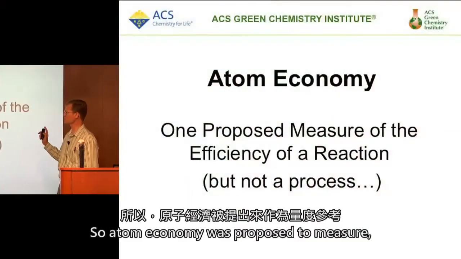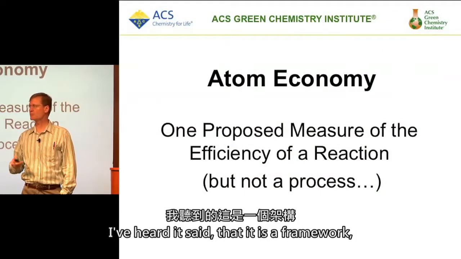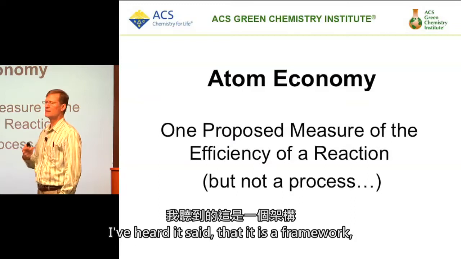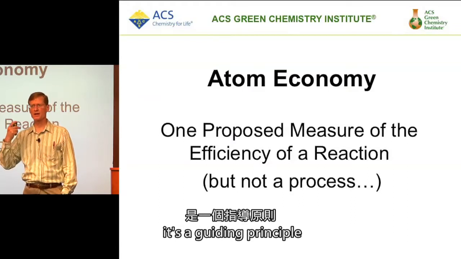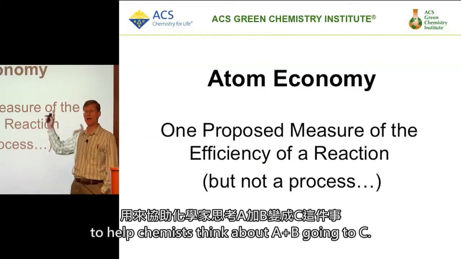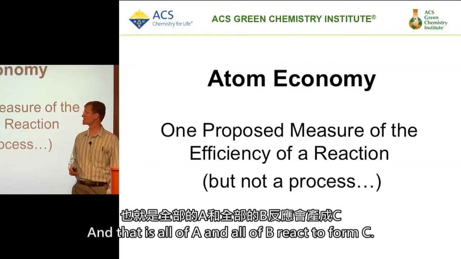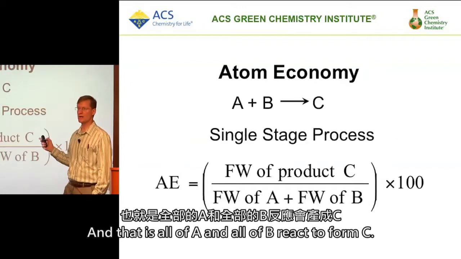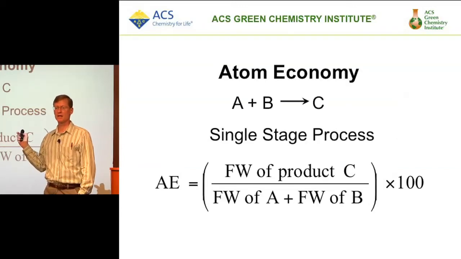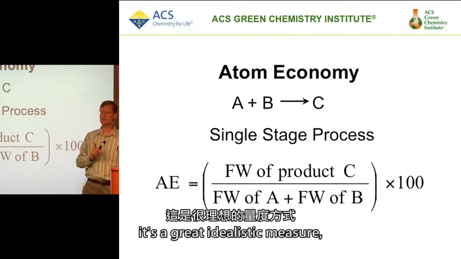So atom economy was proposed to measure, I've heard it said that it is a framework, it's a guiding principle to help chemists think about A plus B going to C. All right? And that is all of A and all of B react to form C. In reality, okay, it's a great idealistic measure.